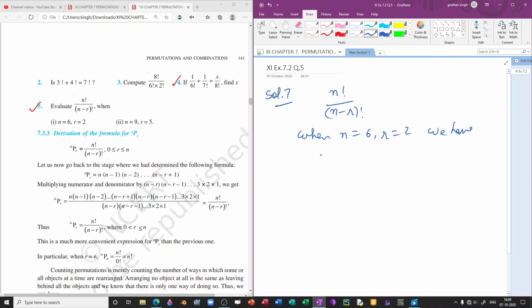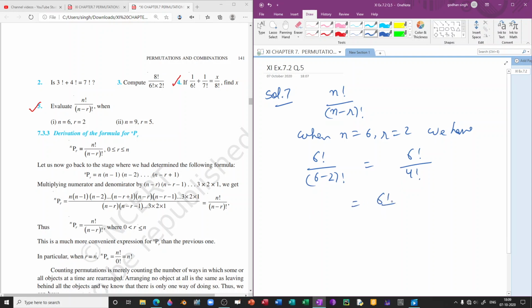Putting the value of n here, we get 6 factorial over 6 minus 2, and it is a must to keep the bracket, equal to 6 factorial over 6 minus 2, which is 4 factorial.